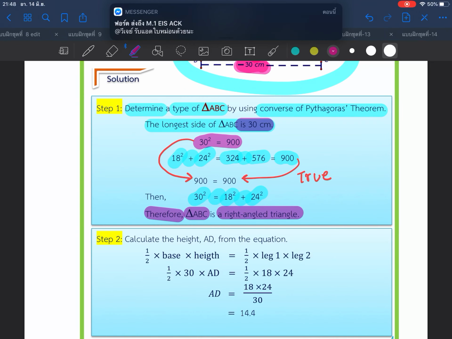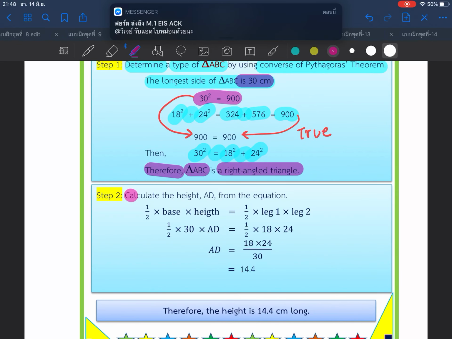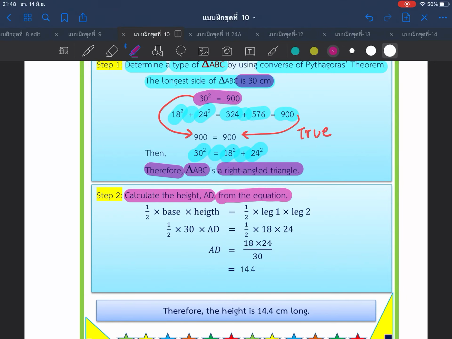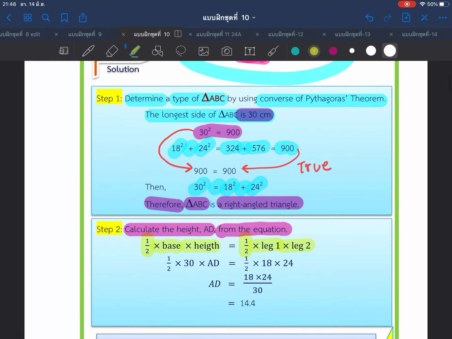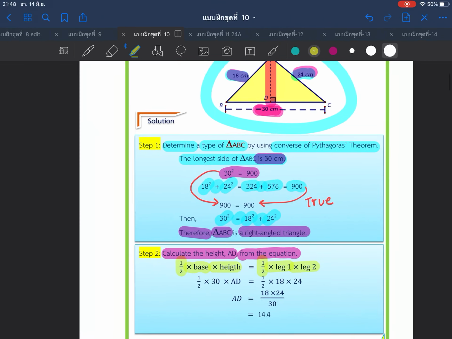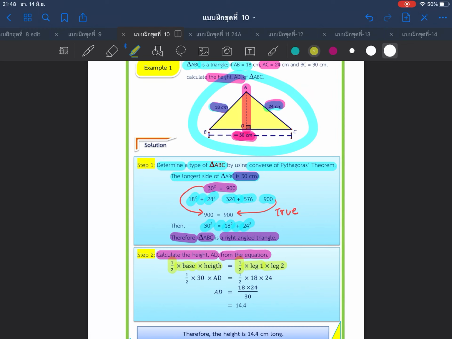After that, step number 2, we calculate the height AD from the equation. As we know, the area of the right angle triangle is equal to a half times its base times its height. So it can be a half times leg number 1 and leg number 2, from the diagram here.